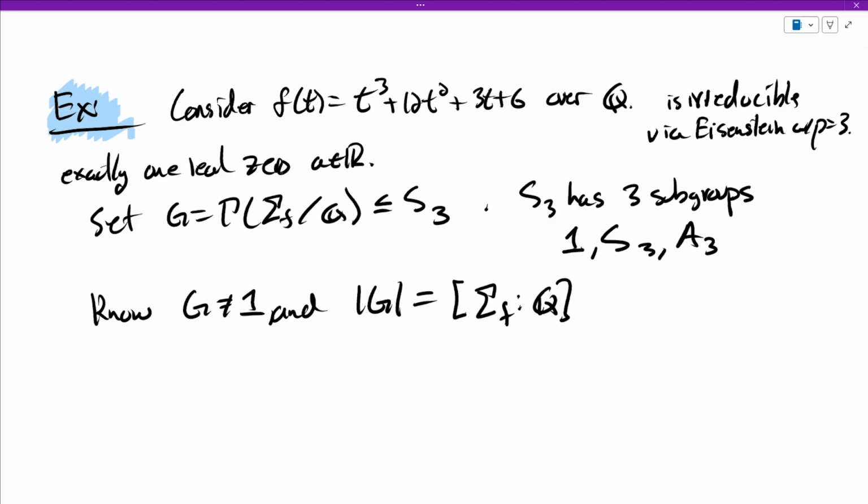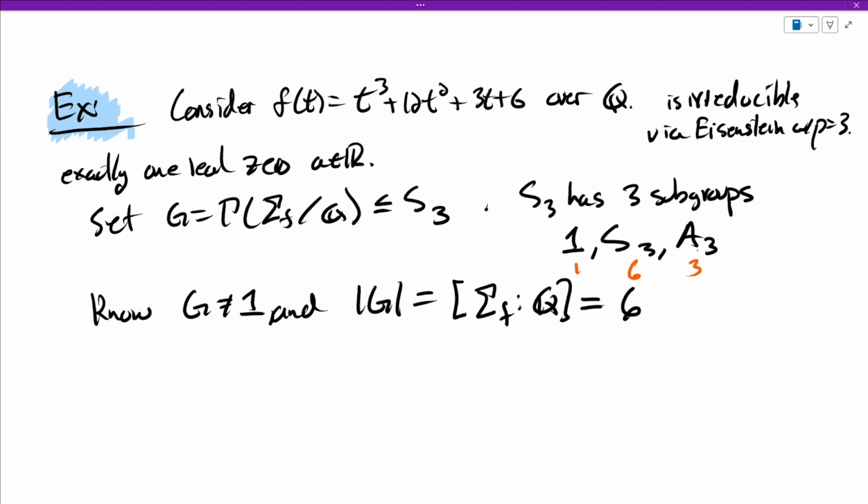So we know already that when we add in our one real zero, the degree is 3, but then we have to add in something new. So this is of course the size of the Galois group, so it has 3 options. It's either 1 if it's the trivial group, 3 if it's A3, or 6 if it's S3. It cannot be 3 because then that would mean all the zeros are real. So this has to be 6.